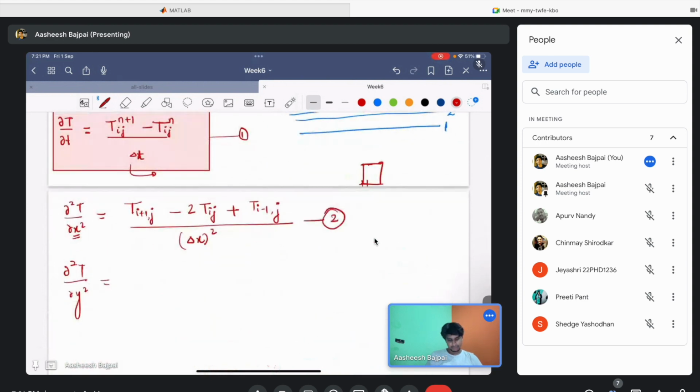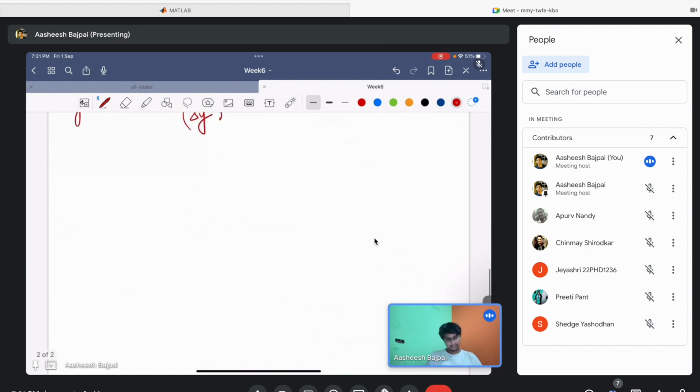This is the second equation, and i comma j plus 1 minus 2 Tij plus T i comma j minus 1. Here also we are discretizing in j, so i and t remain constant, divided by delta y square. This is equation number 3.